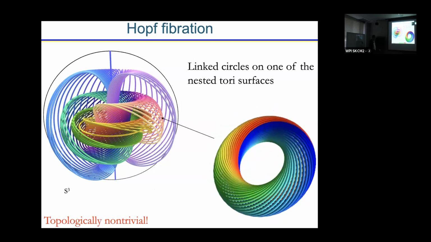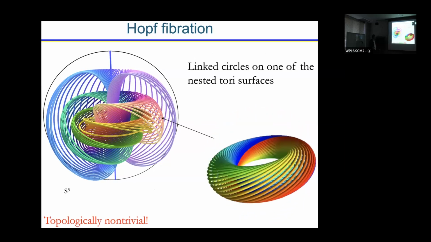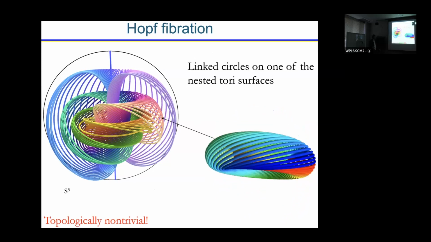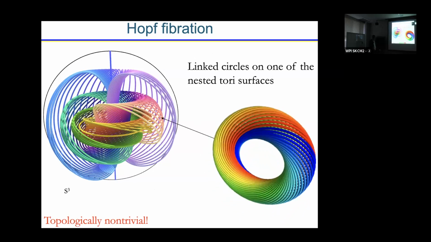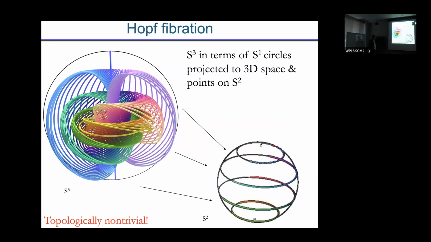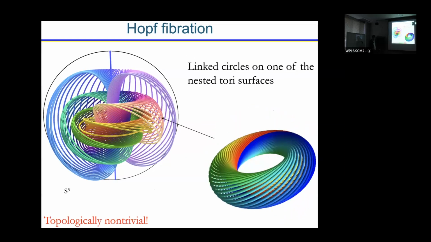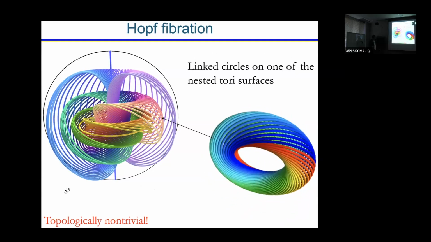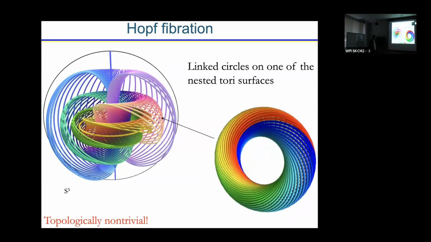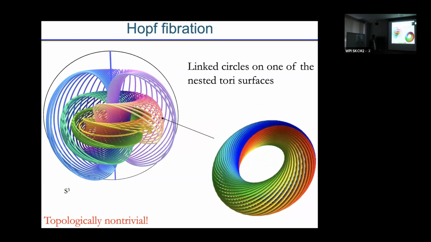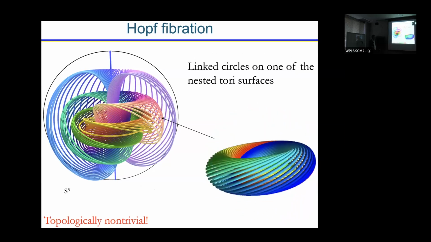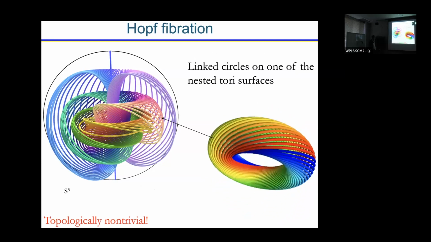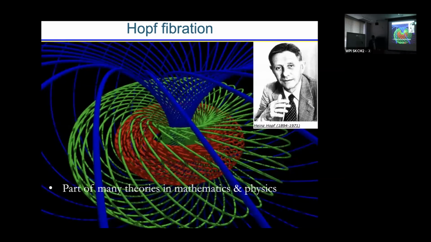And also, as we look at the geometry, for example, if we take some points here that have constant polar angle, so we would change only the azimuthal angles, the images of these points in R3 would be tiling into a torus. And again, they have very beautiful topological properties.